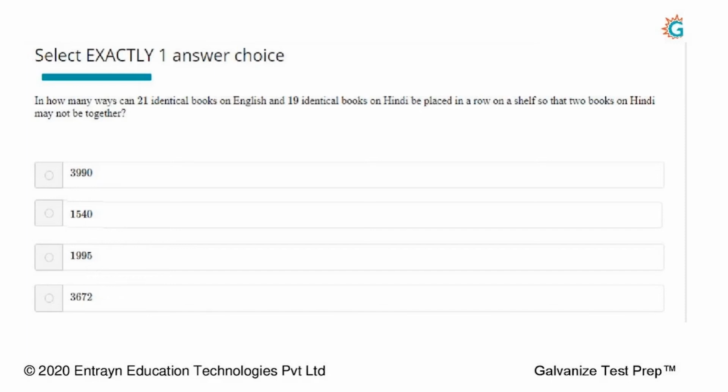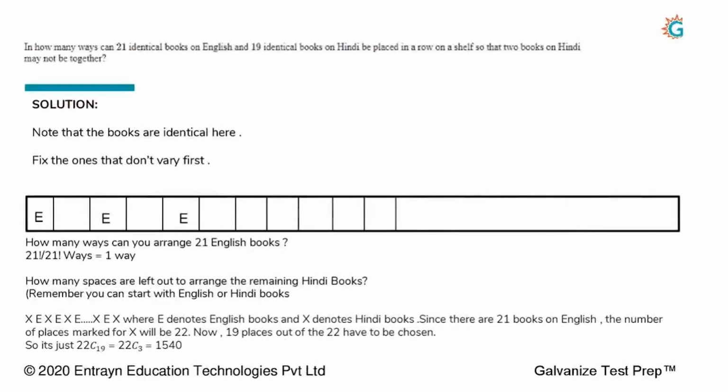So there are 2 things that you need to understand here. The question has given information about identical books. 21 identical books on English and 19 identical books on Hindi to be placed in a row on a shelf so that 2 books on Hindi may not be together, right? They are identical books. So definitely when you permute the 21 books, it will be 21 factorial by 21 factorial.